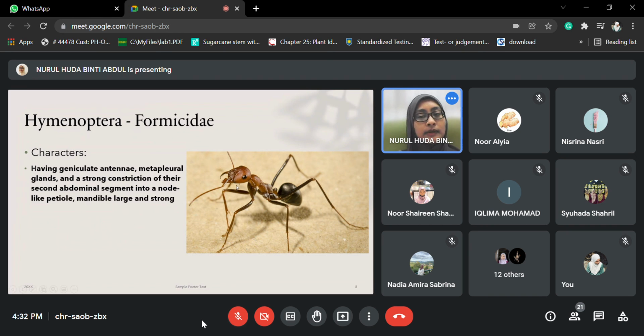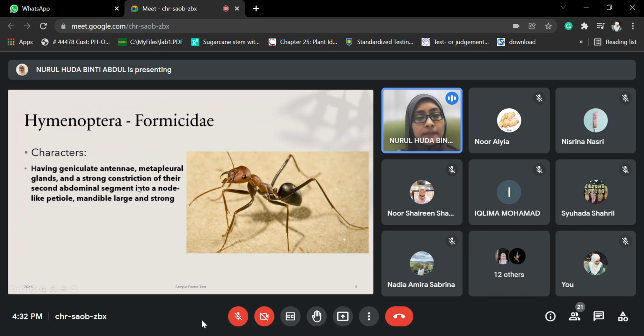So this is the area, I'm not sure whether you can see my arrow, but somewhere here there is a metapleural gland. In this picture you cannot see it, but that one can differentiate Formicidae from other Hymenoptera.